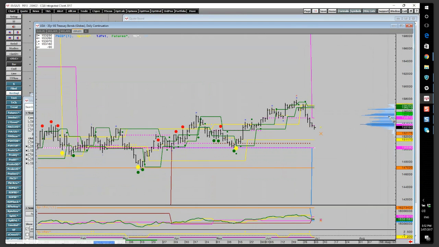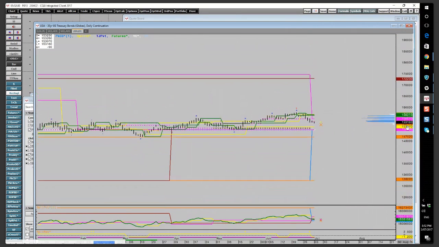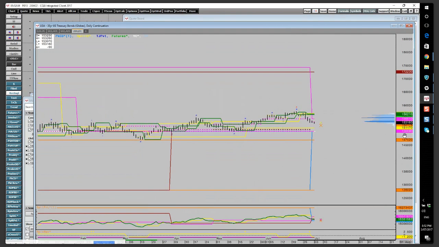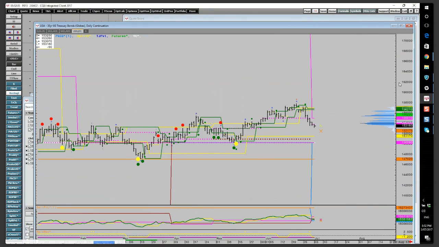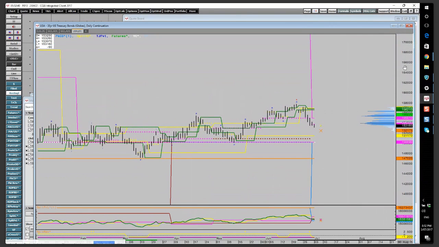So it looks like the weight is back on, but equally, we've got this rising semi-annual support. There's no doubt that the broader trend for bonds is down. Last year's midpoint, I think, was up here at 162. We've had a crack at that and failed, and now we've got the falling monthly support.